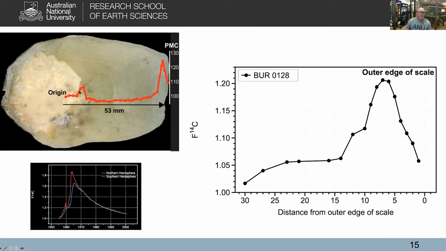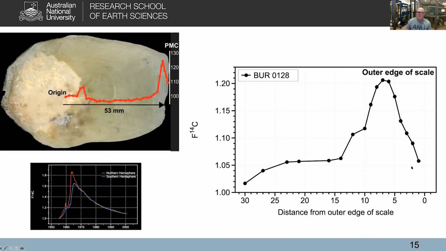The scale grows from this origin point. The last centimeter, about 5 or 6 millimeters, was about 50 years. So that's the entire bomb curve in the scale. Basically we're going up the curve and then down to the inside of the scale.